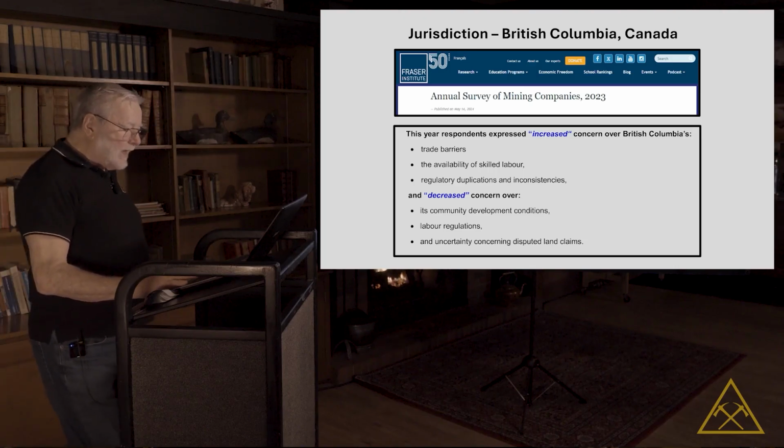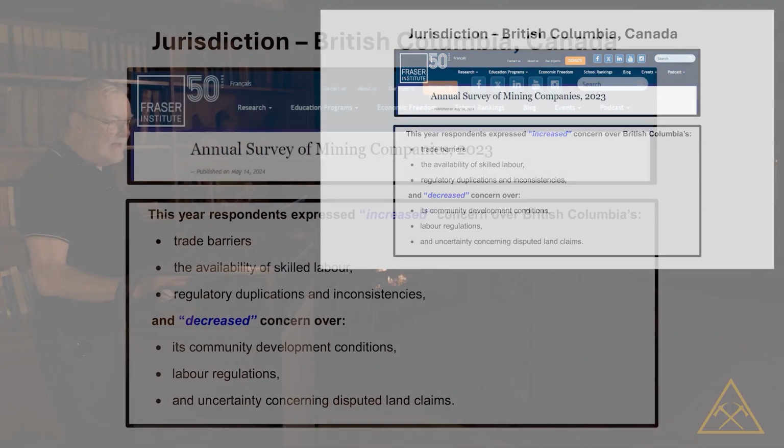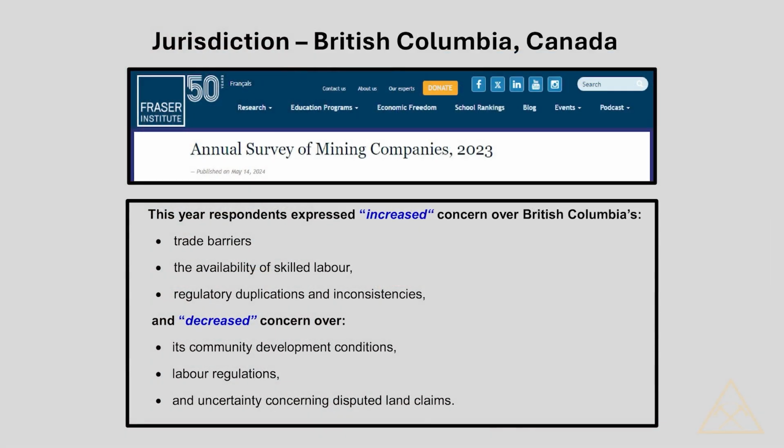Jurisdiction. This is from the annual survey of mining companies, 2023 edition, and they basically summarized it as respondents expressed increased concern over British Columbia's trade barriers, the availability of skilled labor, regulatory duplications or inconsistencies, which would be between provincial and federal governments.